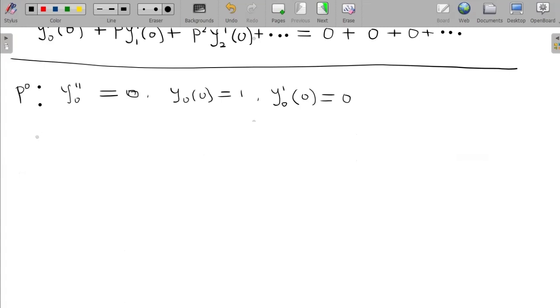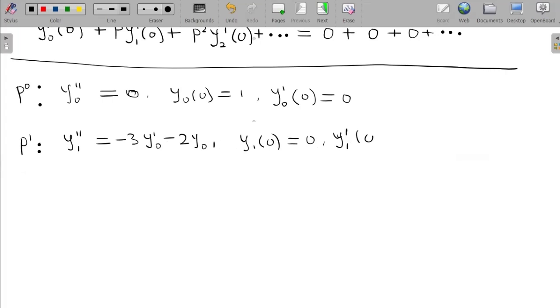For p raised to power 1, we'll have y prime 1 equal to minus 3 y prime naught minus 2 y naught, with y1 of 0 equal to 0 and y prime 1 of 0 equal to 0.